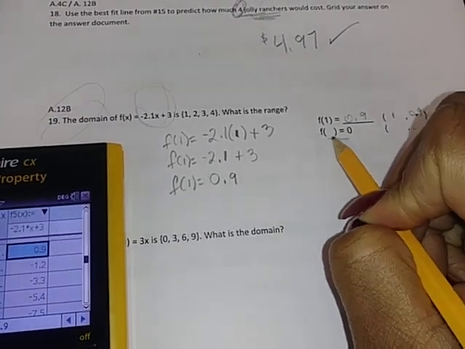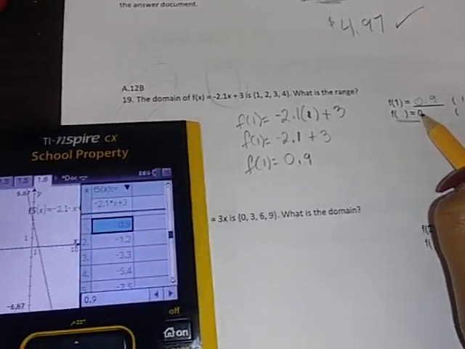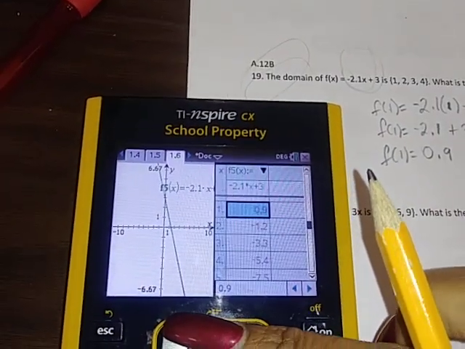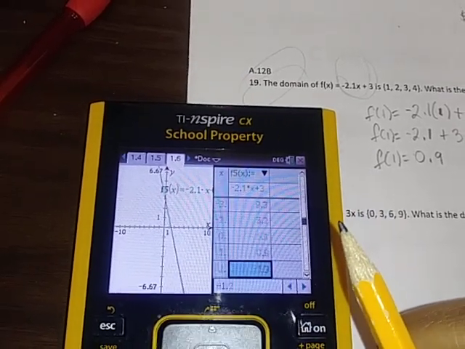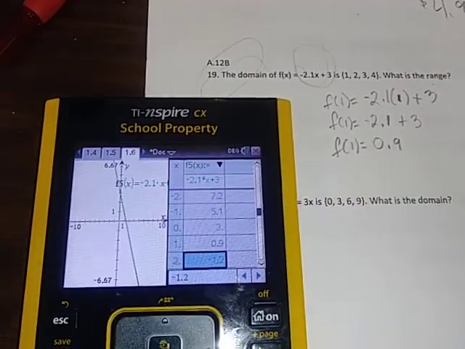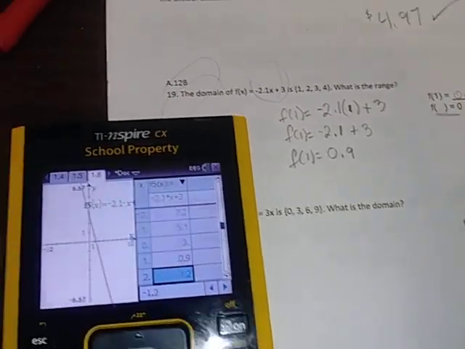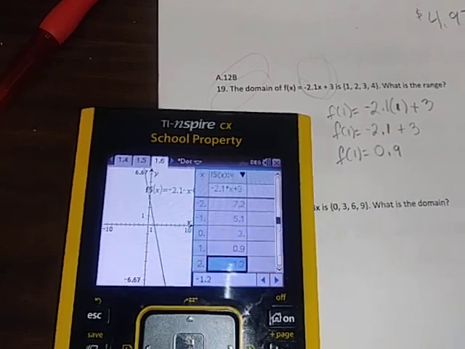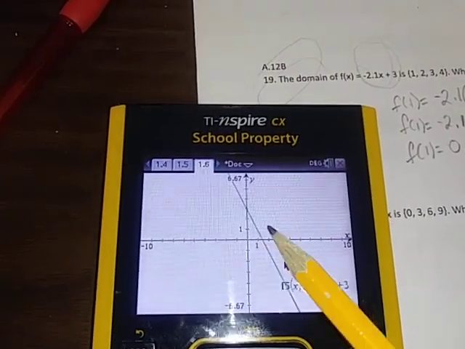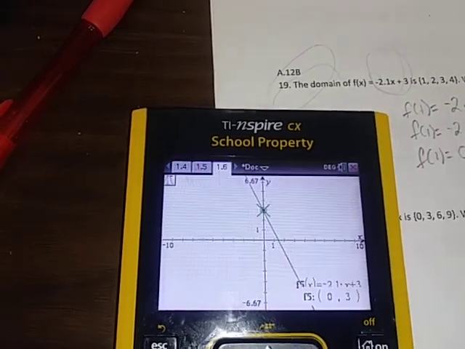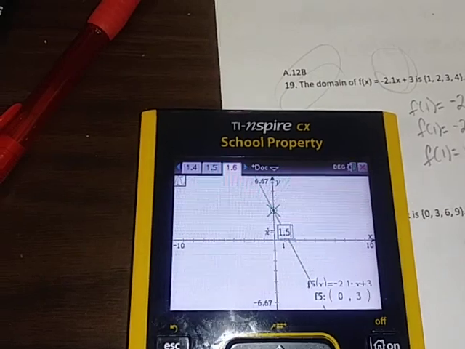Now this is asking, what is the x value when y is 0? So when is y 0? Look, I don't see it there. I wonder how else we could figure that out. Control T, could we try to guess? Okay, menu 5, 1. I hate guessing. X could be maybe 1.5.